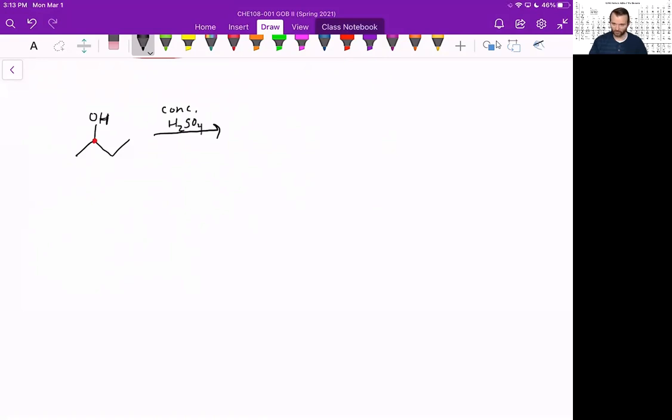You've got two possible products: the double bond forming to the left, or the double bond forming to the right, plus the water that's removed from the dehydration.